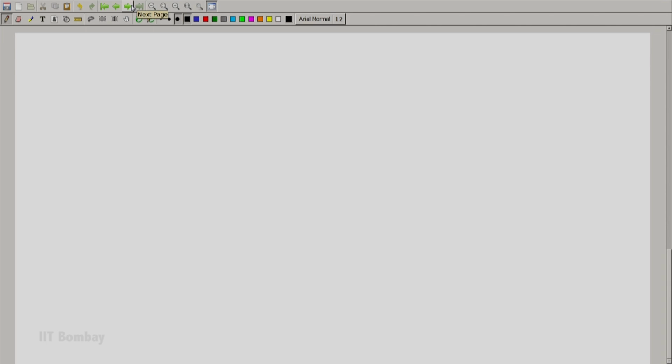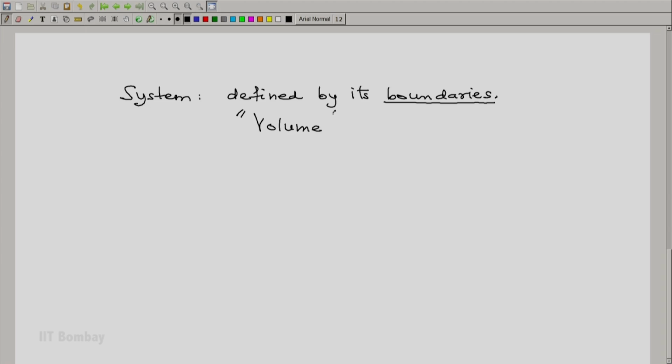Now the important thing to remember is that a system is always defined by its boundaries, and because all the boundaries are defined, the primary characteristic any thermodynamic system will have is its volume. So any system, remember, must have associated with it one property or characteristic called volume.